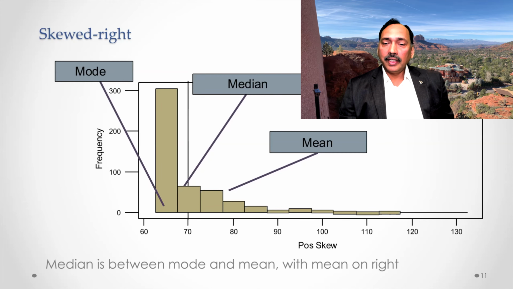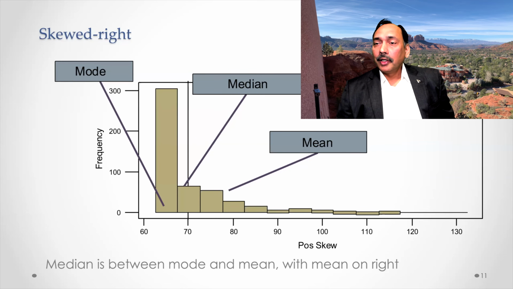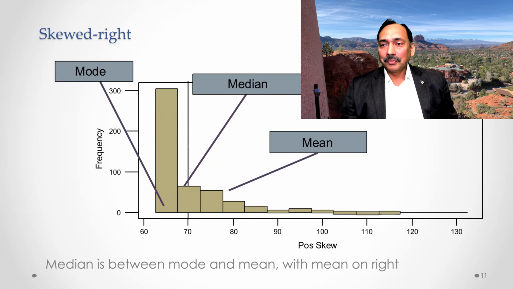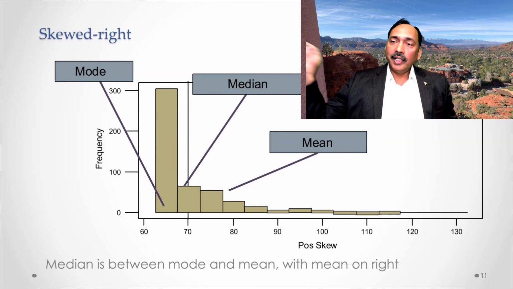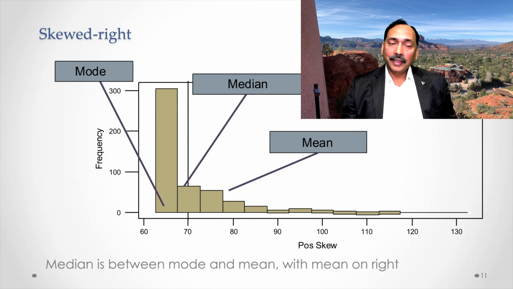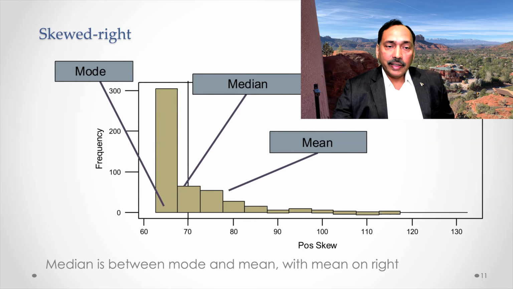For example, if you think of a big company like Amazon, and you have data on how much each employee makes per year, they have thousands of employees, and if you make a histogram, it may look somewhat like this, where you have few people who make millions, a lot of money, and the vast majority may be somewhere here.